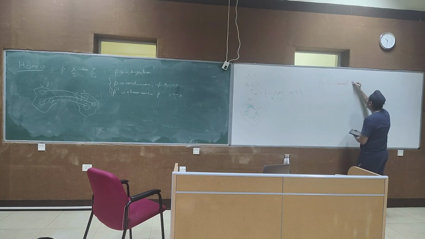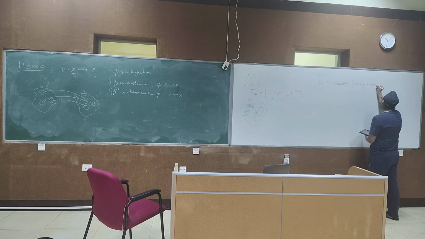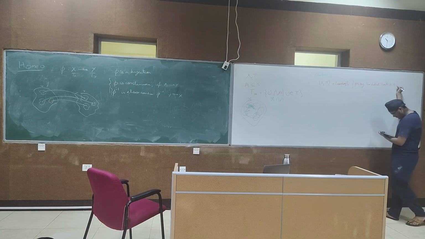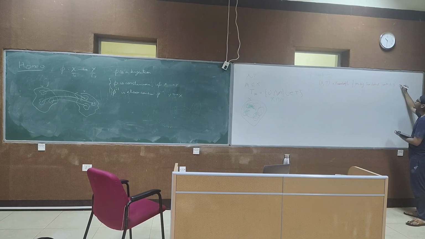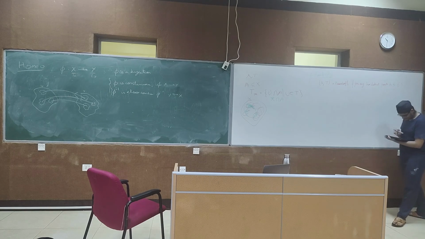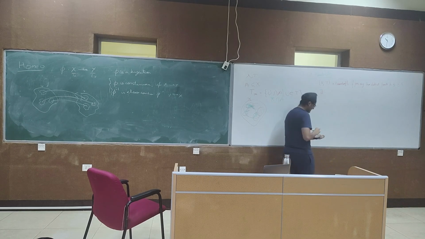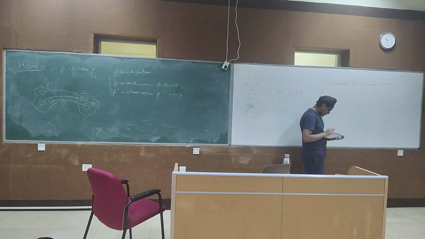if for any two distinct points P, Q belonging to the set X, there exist non-intersecting open sets around these points.